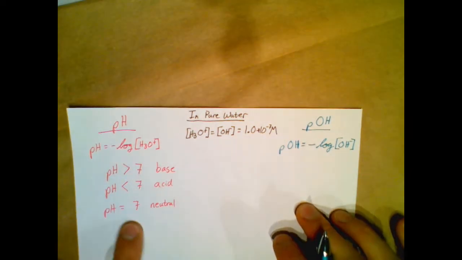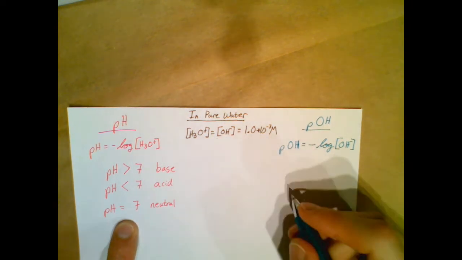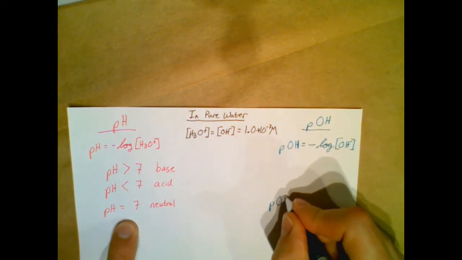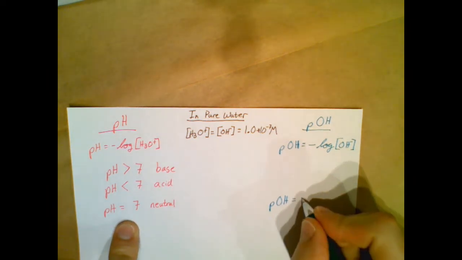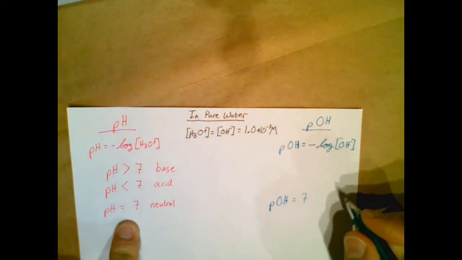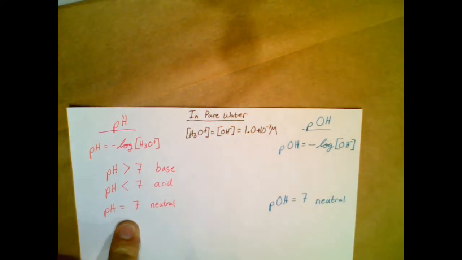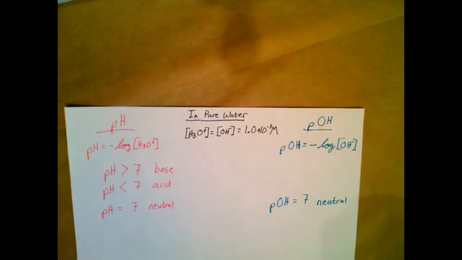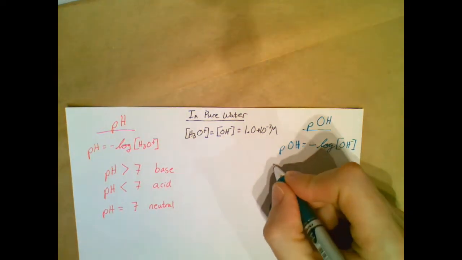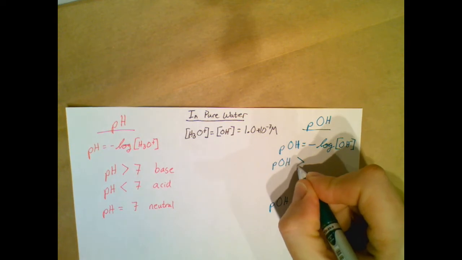Well, if you're dealing with pure water, the concentration of OH minus is still going to be 1.0 times 10 to the minus 7. So if you have a pOH of 7, you still have a neutral solution. But here's where things are going to get a little bit different. Let's say I had a pOH that is greater than 7.